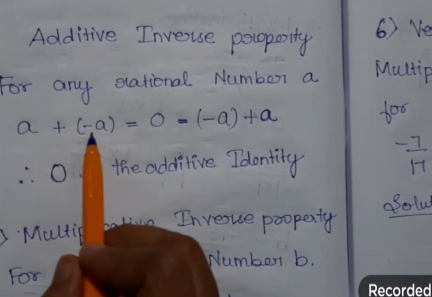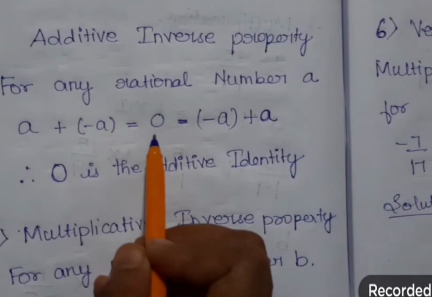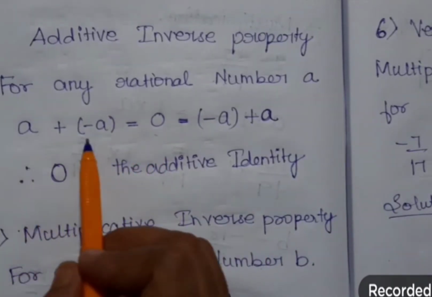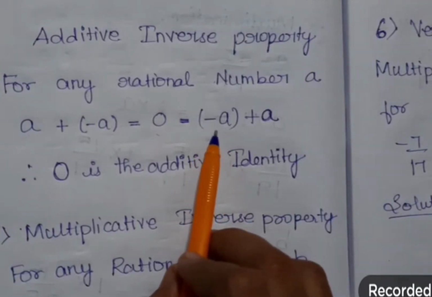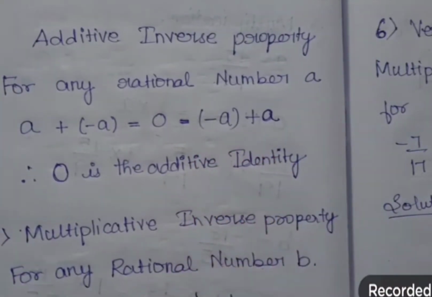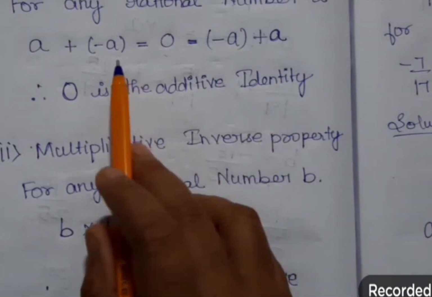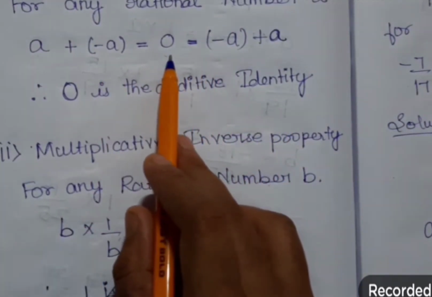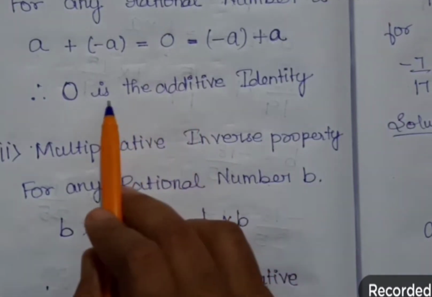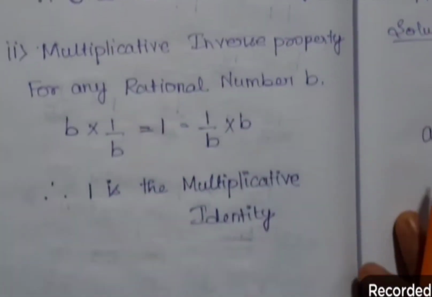If you add the same number with a different sign, you will get 0. Same way, minus a plus a, the answer is 0. So 0 is the additive identity, keep that in your mind.